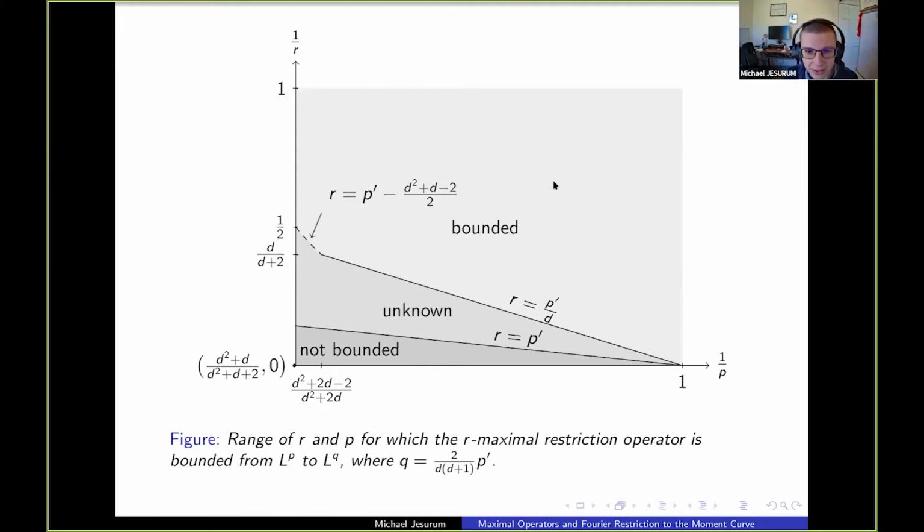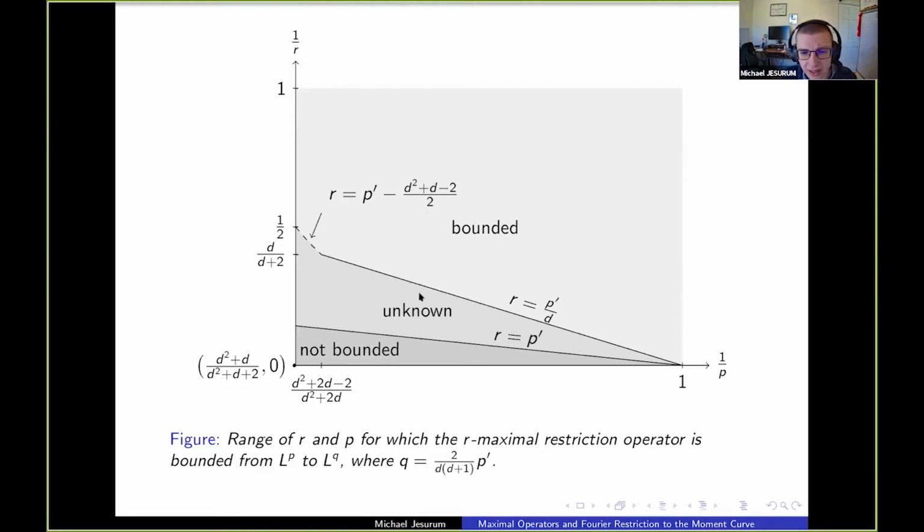And my theorem says that in this region up here, we have those restriction theorems. I also have a counterexample that shows when 1 over r is low and 1 over p is in this range down here, we don't have a bound. The cutoff for the counterexample is essentially r equals p prime.